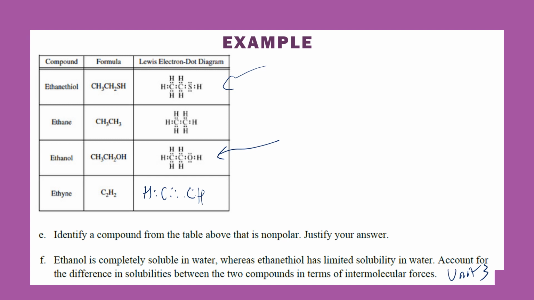The reason why ethanol is much more soluble in water is because it can form hydrogen bonds. That OH can help it form hydrogen bonds with water, whereas the SH does not form as many hydrogen bonds with water. So that's why ethanol is more soluble, because it forms more hydrogen bonds. And that one was 1 point, all or nothing.